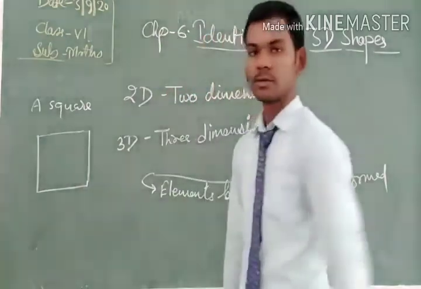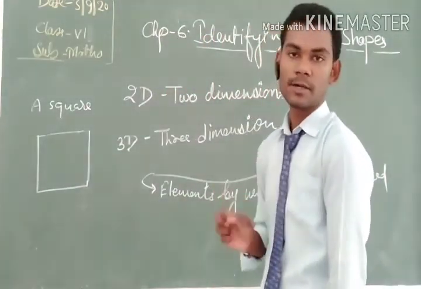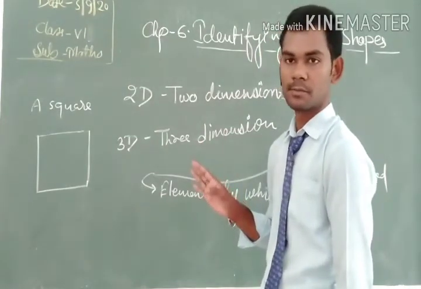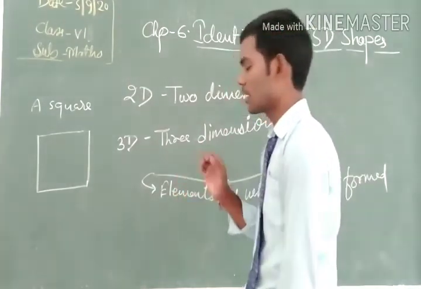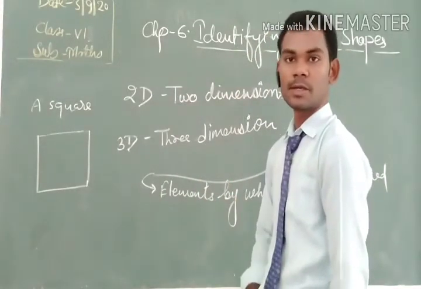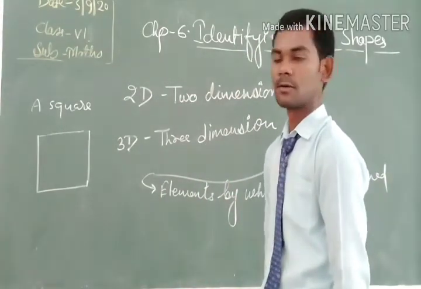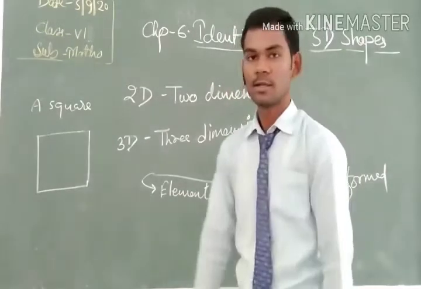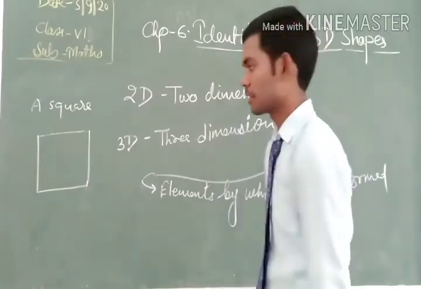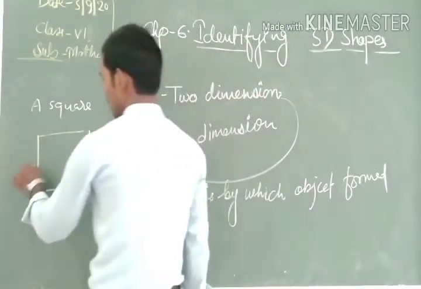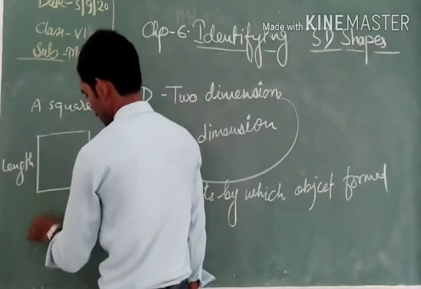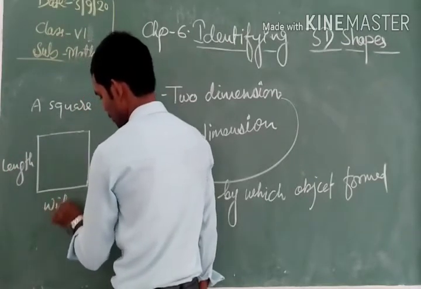This is the square. The most important thing is that it has 4 equal line segments. But it also has length and breadth, length and width.